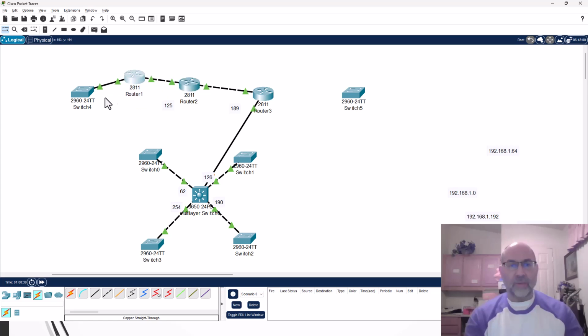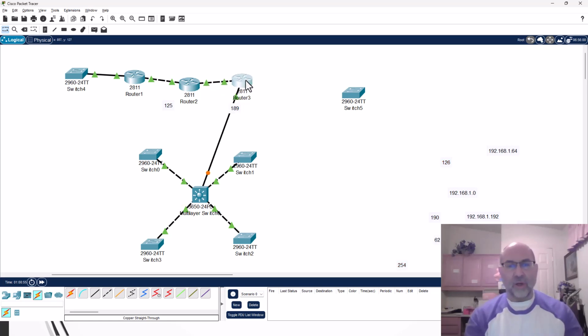How many subnets does that create for us? 1, 2, 3, 4, 5, 6, 7, 8. So this could be all of my subnets. There's nothing wrong at all with a mixed layout topology.